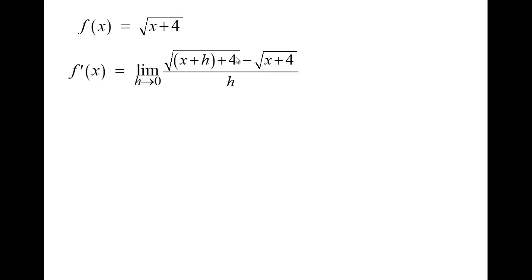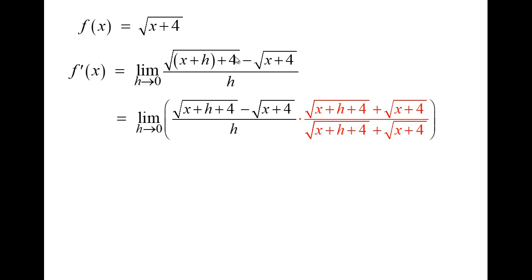So to compute this limit, what we do is we multiply and divide this fraction by the quantity, the root of x plus h plus 4 plus root of x plus 4.